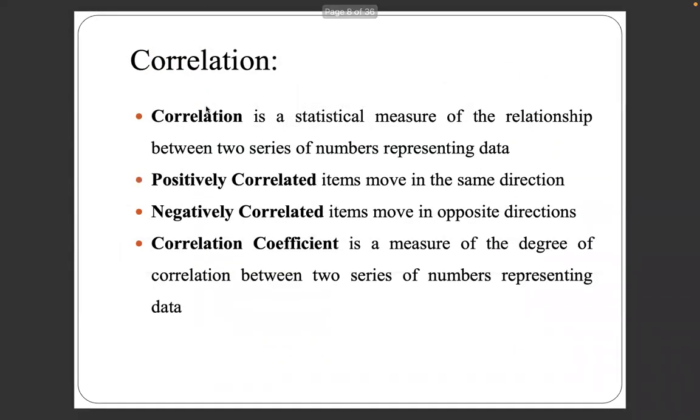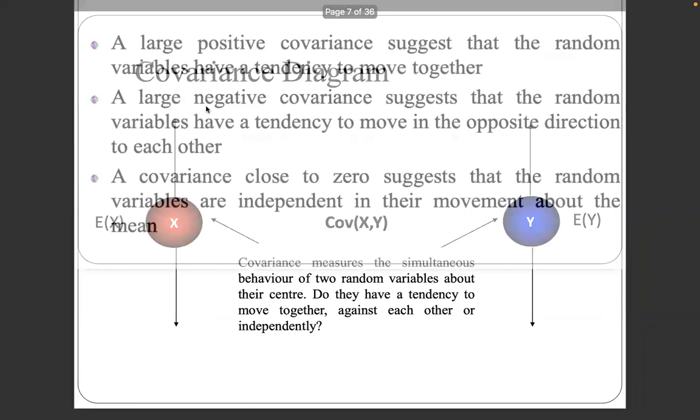Then correlation. The covariance is the direction of movement. The correlation is a statistical measure of the relationship between series of numbers representing data. The correlation is also calculated based on the covariance.